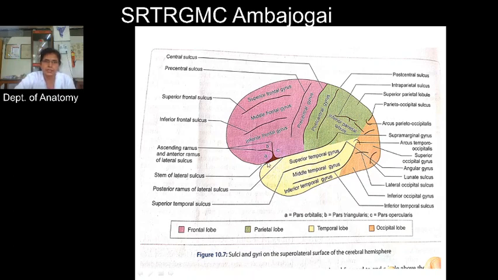superolateral surface. Now this posterior ramus of this lateral sulcus runs backwards.